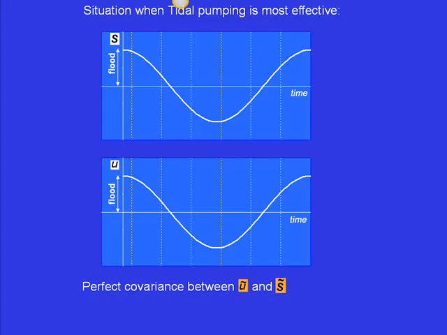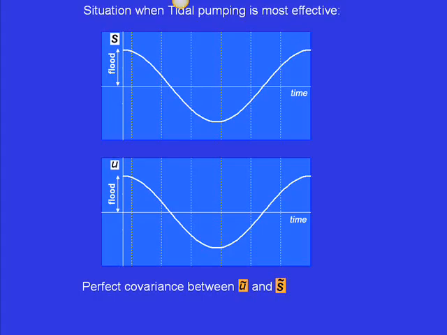In a typical estuary, they're 90 degrees out of phase. Typically, the maximum salinity will appear at the end of flood, and the minimum salinity will appear at the end of ebb. That is when the flow is zero. You'll get the extremes in salinity values. So in the situation where you have a 90-degree phase lag between flow and salinity, the tidal pumping term will be zero or very small.